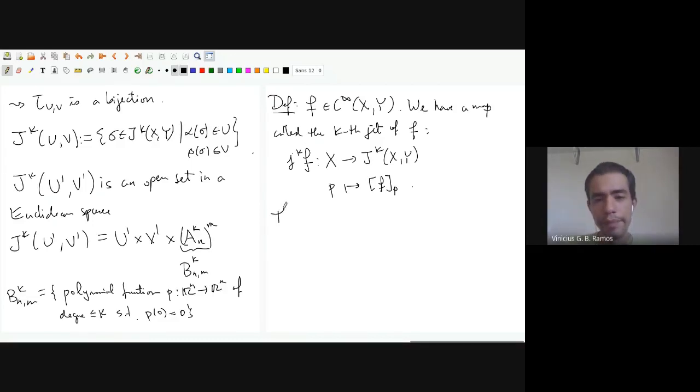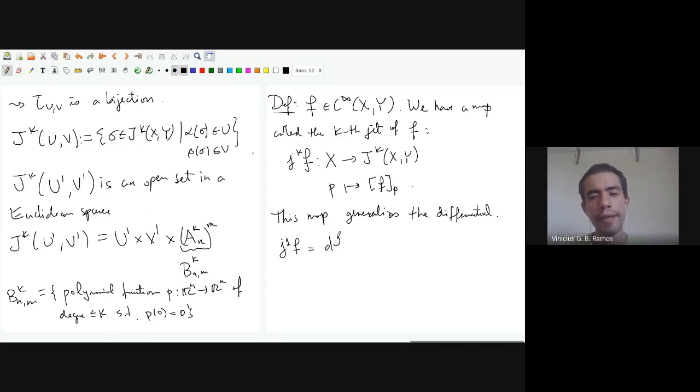So this map generalizes the differential. If you look at J1 of f, this is basically the same as the map df.